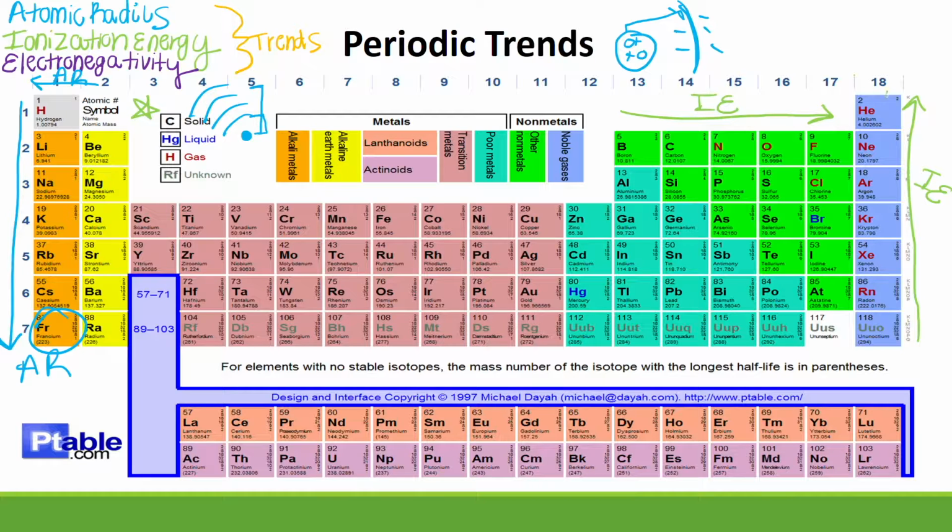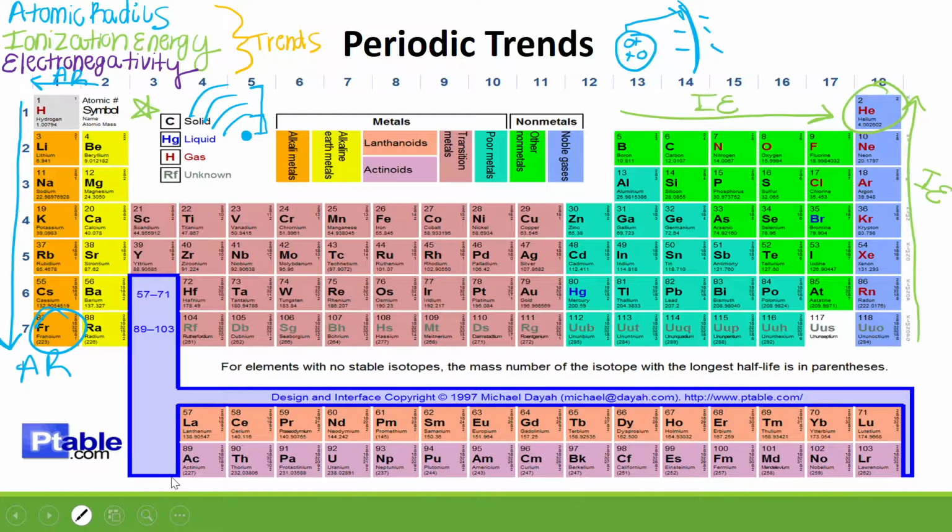So helium only has 2 electrons, so it's going to be extremely difficult to take one away because it's held in just one electron shell. Radon, with 86 electrons, is easier to take away from, but not as easy as francium, because francium is a metal and it wants to lose its electrons.